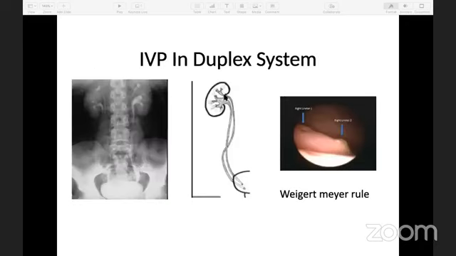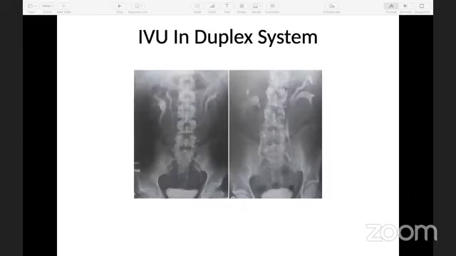IV in a patient with bilateral complete duplex system and cystoscopy film on the right side showing Weigert-Meyer rule. This is an IV in duplication, and duplication is one of the causes of enlarged kidney.